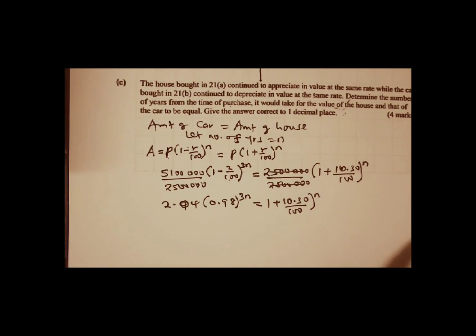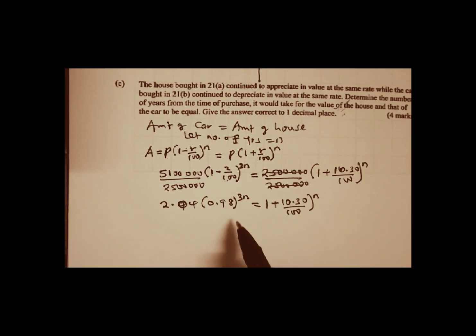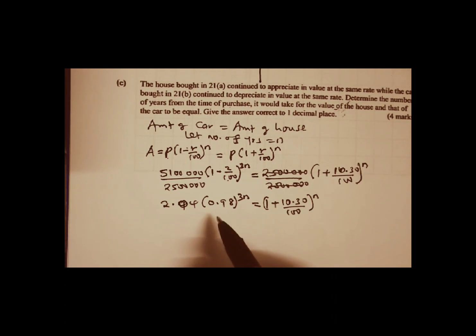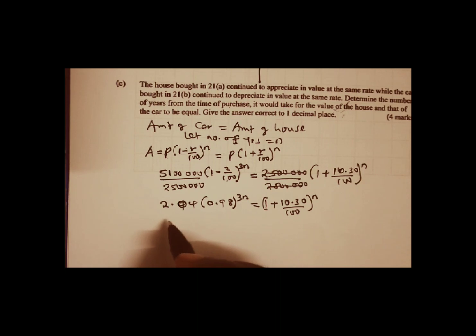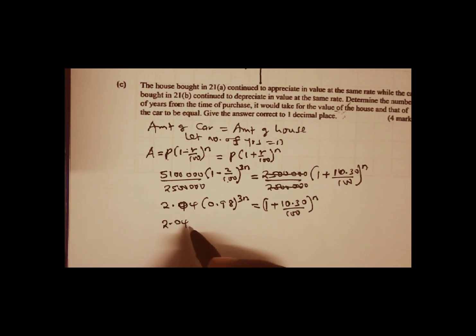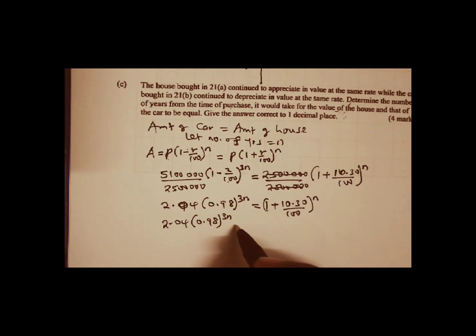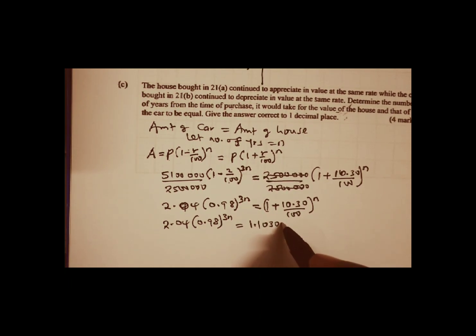From here now we can proceed and introduce the powers. We have 2.04 times 0.98 raised to 3n being equal to 1.1030, and this is raised to n.